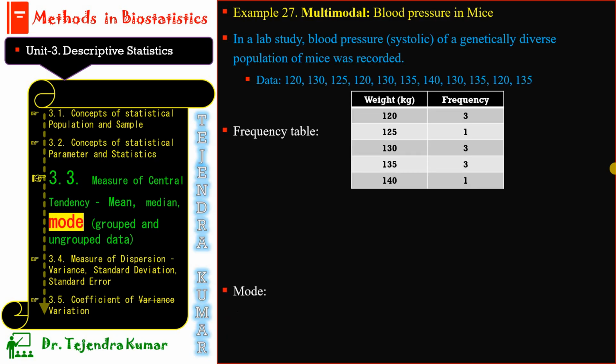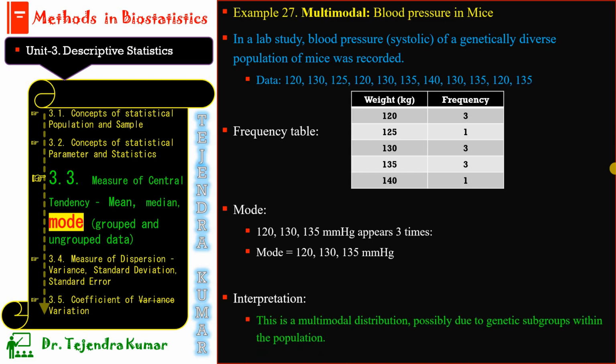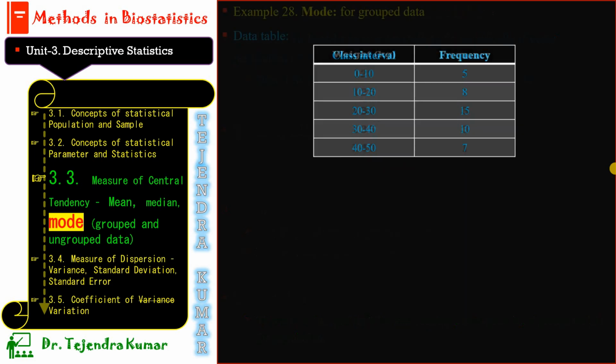So we made a frequency table for the given values. Mode: 120, 130 and 135 mmHg appear 3 times, and that's why these are the mode values. Interpretation: this is a multimodal distribution, possibly due to genetic subgroups within the population.